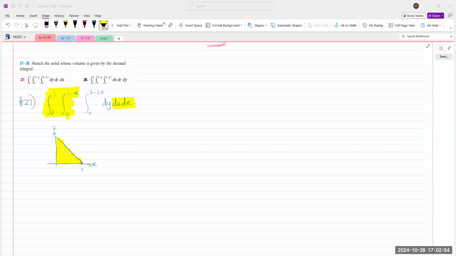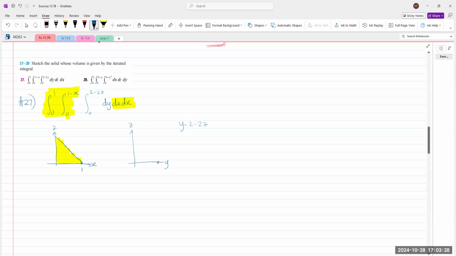Okay, now from there we will go for the y component, which will be from y equals 0 to y equals 2 minus 2z. So on the yz plane, y equals 2 minus 2z. When z equals 0, y is 2.